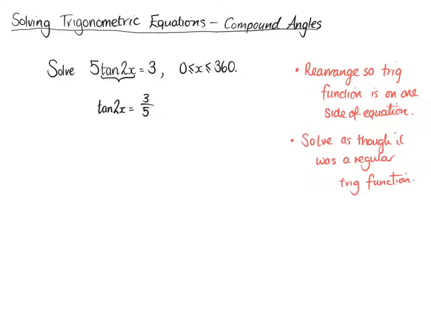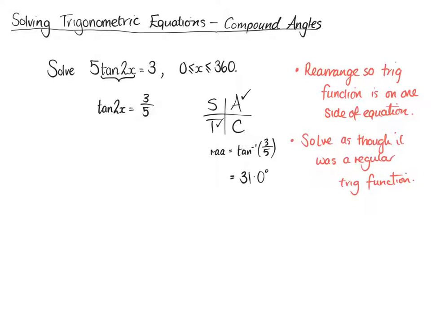So if we go back over here, we have our CAST diagram, or Amanda says "trig's cool" if you want to think of it that way as a way to remember it. Tan is positive, so that means it's going to be our first and third quadrant. Our relative acute angle is the inverse tan of 3/5, which when we round is 31.0 degrees.